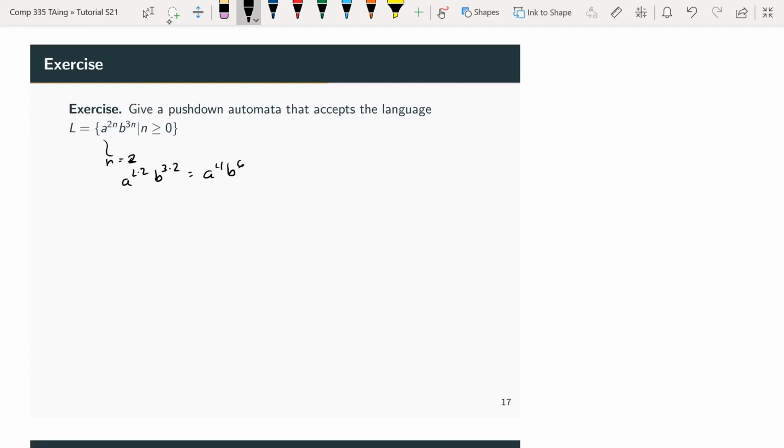Basically this needs to be 2 times n, and this needs to be 3 times the same n. So I'll give you a bit more time because you actually need to think of what the idea is with the stack. Let's say 2.5 minutes, give or take. Okay, and then we'll look at it together.